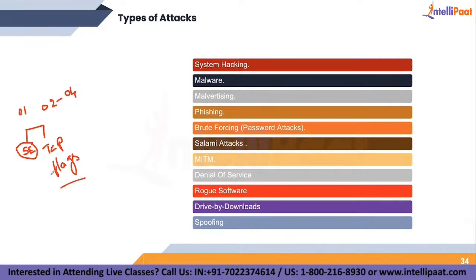So there are TCP flags. A lot of specific types of TCP flag scans are being identified, and then between the 7th and 10th, we see two types of events in an enterprise network.